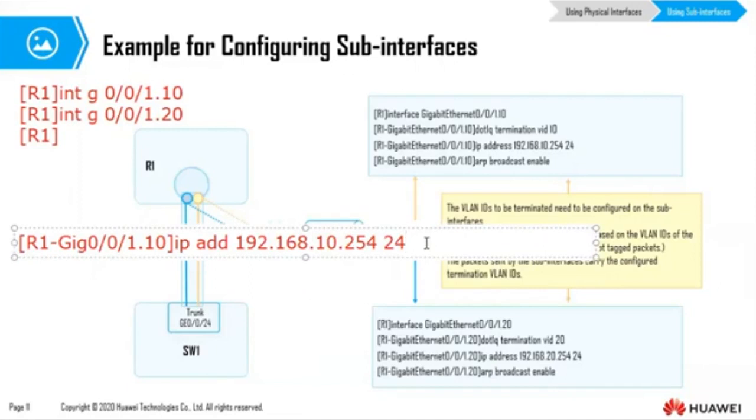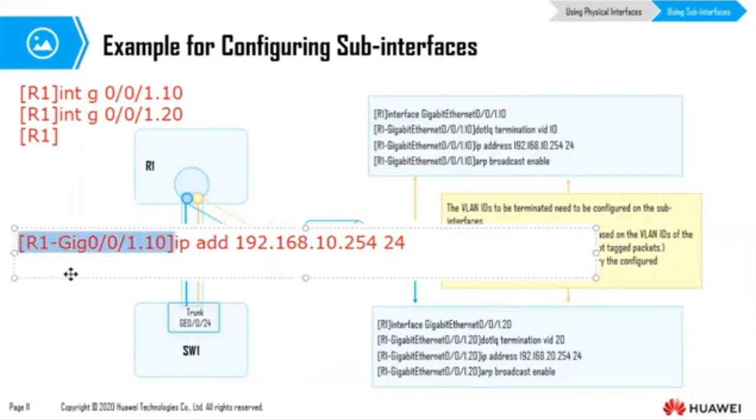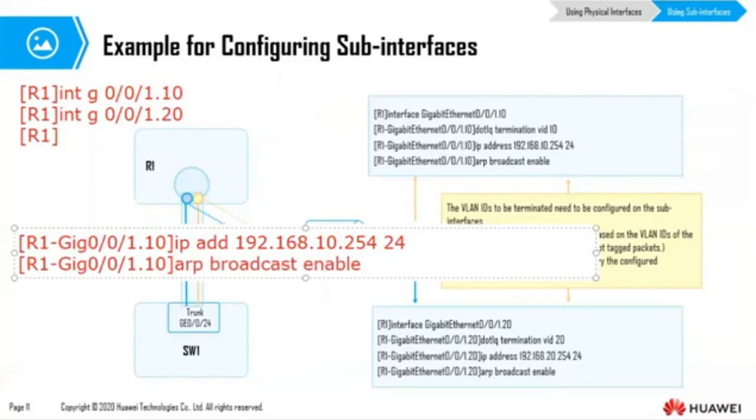Now, other than that, on the sub interface you are also expected to use the command arp broadcast enable. We already understand that when a layer 3 interface receives a broadcast packet, it discards it, right?